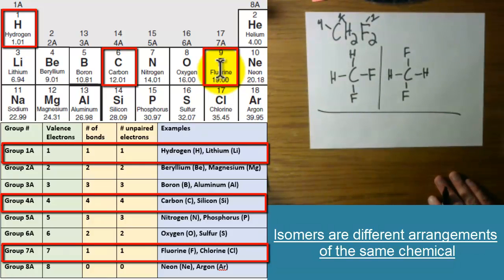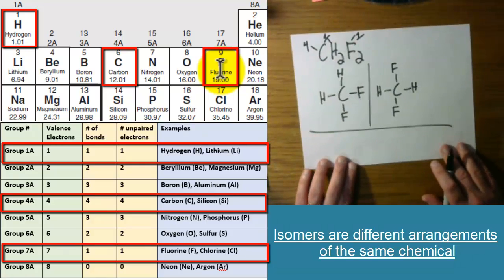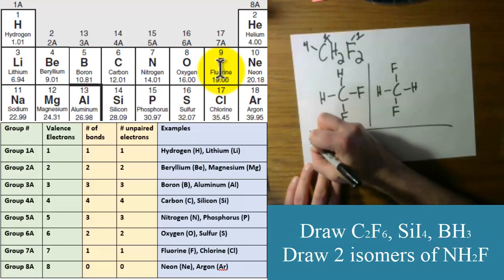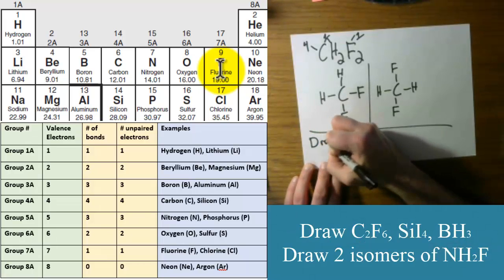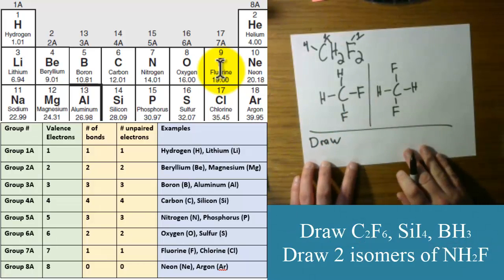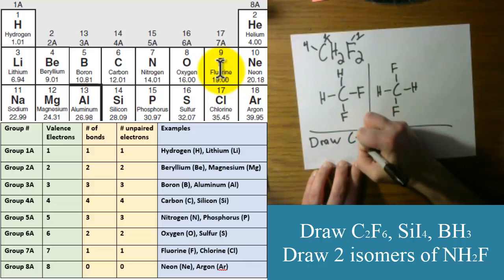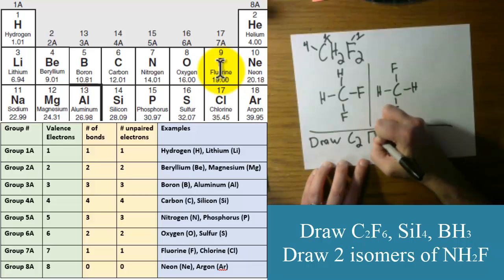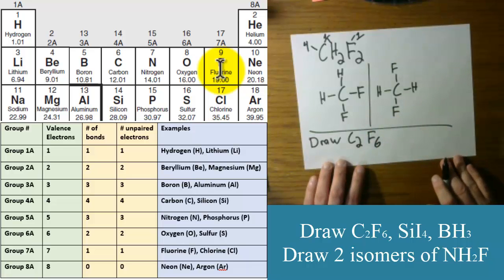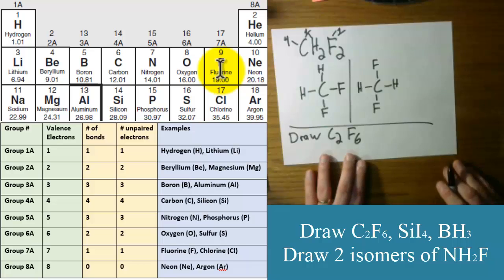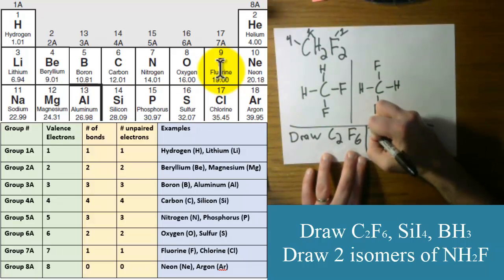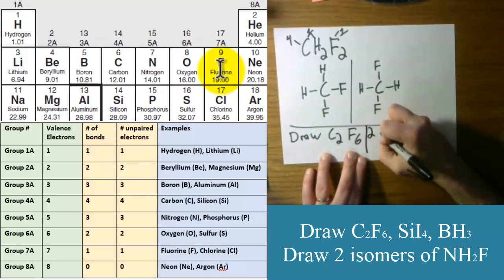For your assignment for today, I'm going to ask you to do the following. Draw for me C2F6. Draw me 2 isomers, just like we did up here.